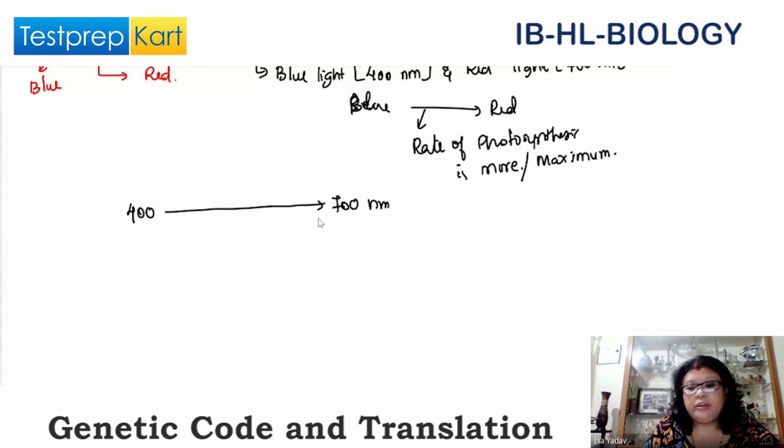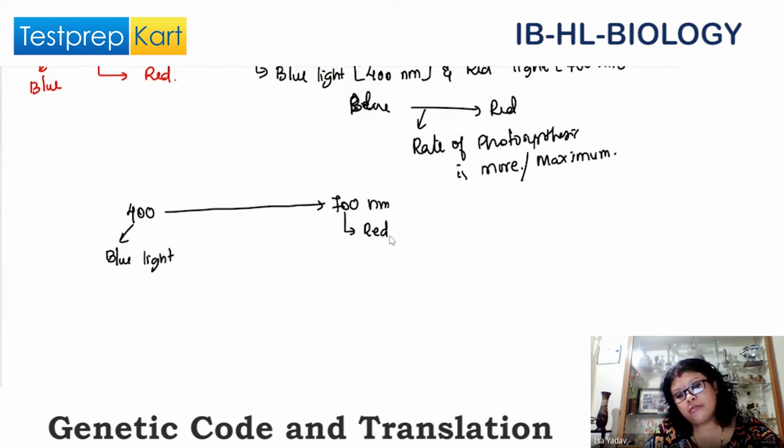So we have 400 and 700 nanometer. 400 nanometer is blue light. 700 nanometer is red light. So at the two extremes, we have a very high rate of photosynthesis. But in between, the photosynthesis rate is low.